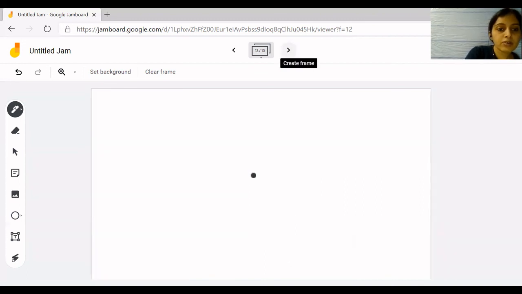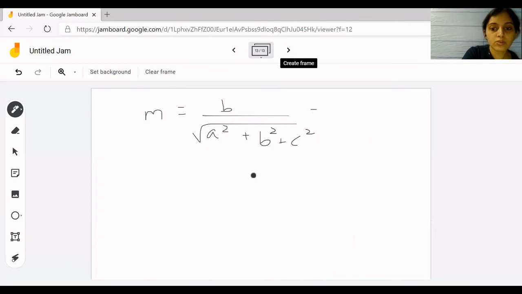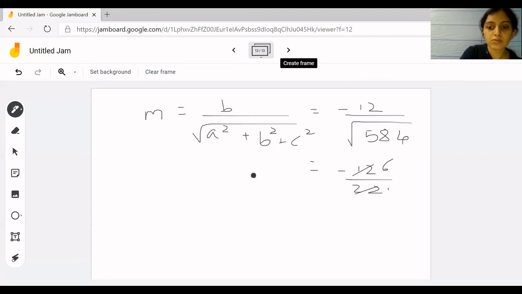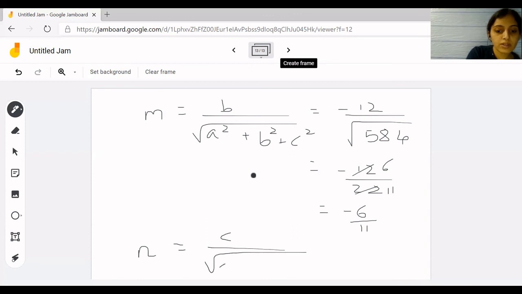Similarly, you can find M, that is B upon root of A square plus B square plus C square, which is minus 12 upon 22. 2 sixes are 12 and 2 elevens are 22, so minus 6 upon 11. And then N, the third direction cosine, is C upon root of A square plus B square plus C square.